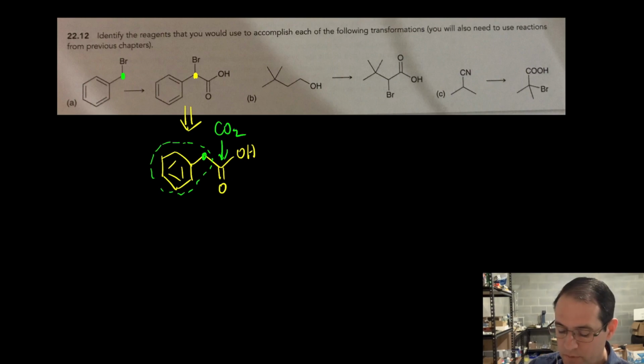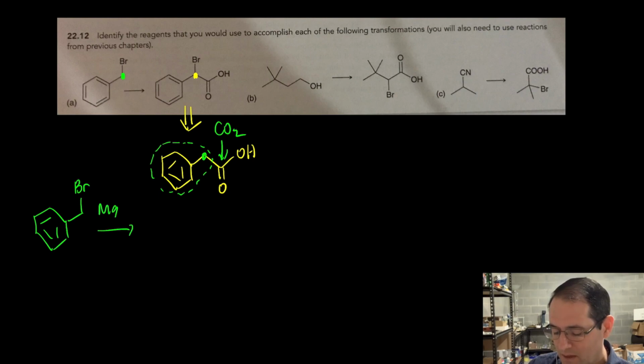So one of the ways we could synthesize this is to take our benzyl bromide here, treat this with magnesium in diethyl ether, okay? Diethyl ether is the solvent that stabilizes Grignard reagents, so we do want to include that below the arrow, and this will make our MgBr there, okay?